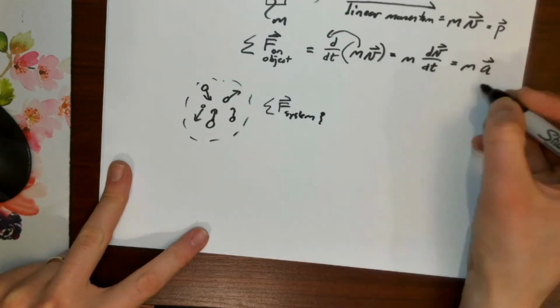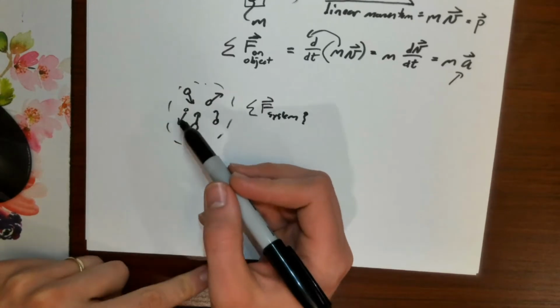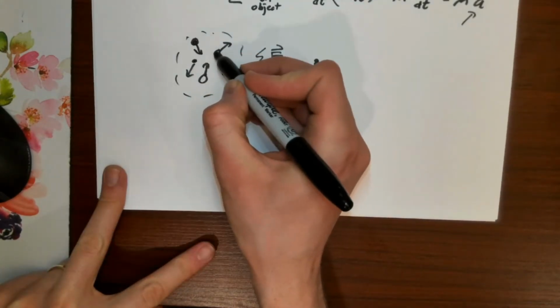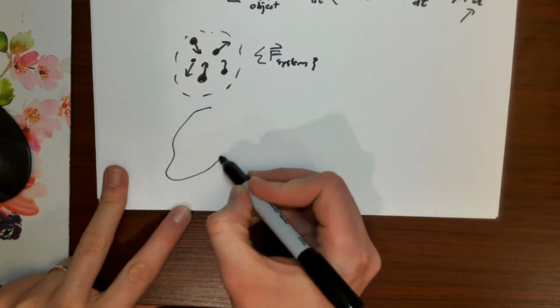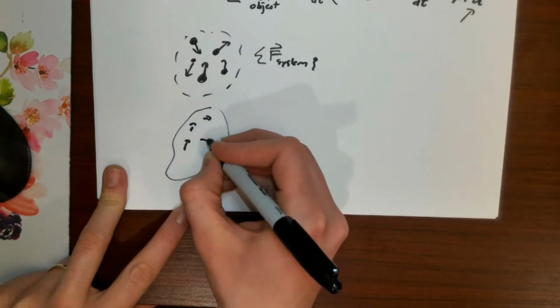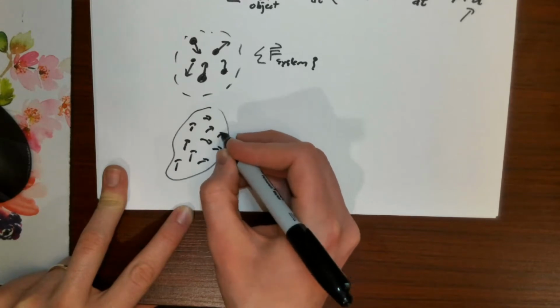And is there a single well-defined acceleration if all of these objects are moving at their own speeds? And what happens if I'm talking about a fluid, where essentially I have a continuum of material, of chunks all moving in their own separate ways?